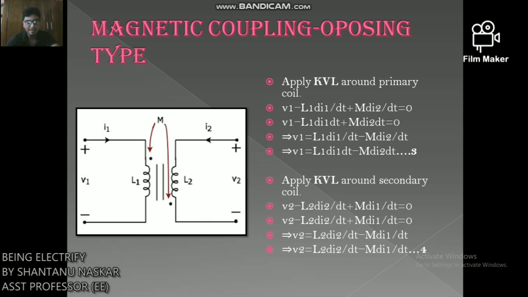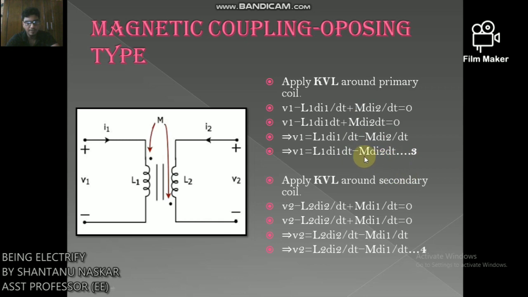Again, we are applying KVL around the primary coil. So, what happened? Look here. V1 minus L1 di1 by dt plus M di2 by dt equals 0, or we can write V1 equals L1 di1 by dt minus M di2 by dt.